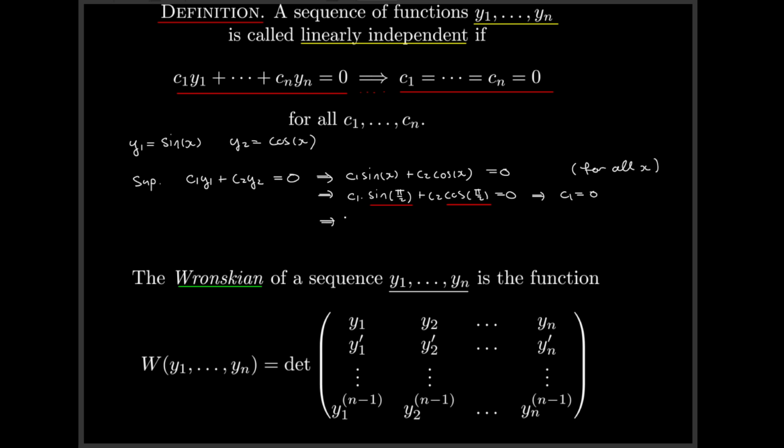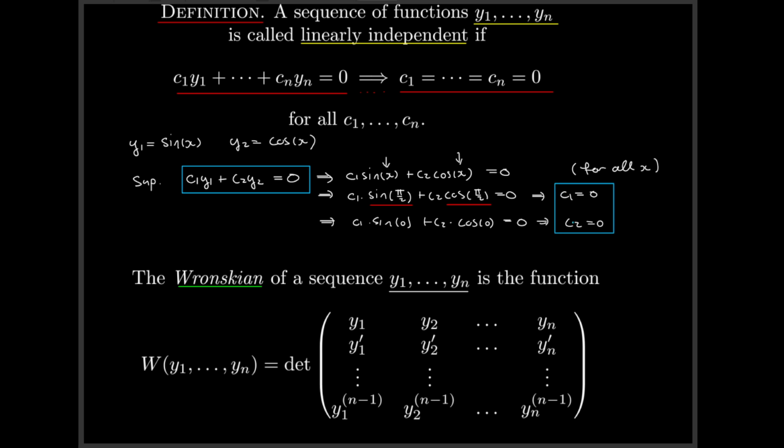Now we could also have substituted a different value for x. We could have substituted, for instance, x equal to 0, and here we would have gotten c1 sin of 0 plus c2 cos of 0 equals 0, and this will then also imply that c2 is equal to 0. So what this argument shows is that if I make this assumption here, then I can use purely logically valid steps here, here, and here, and these in turn make this conclusion here.